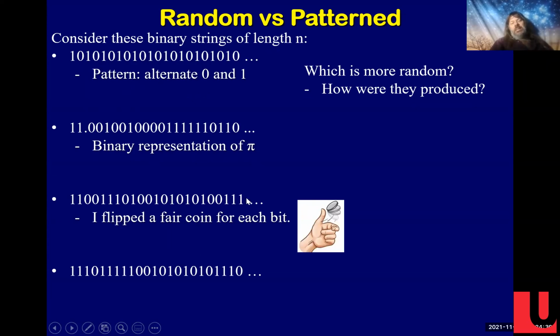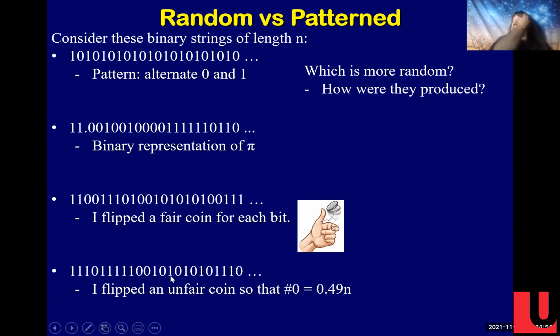This one down here, the way I generated it is for each bit, I flip a fair coin. And how did I generate this one? Well, I flipped the coin for each bit, but it wasn't completely fair.